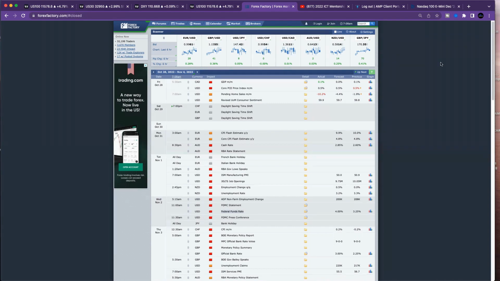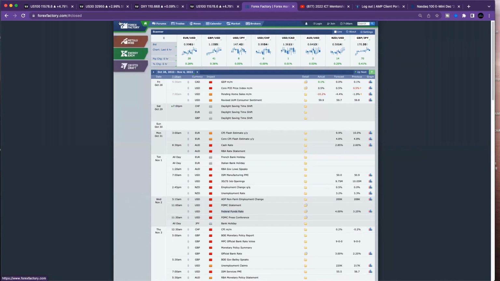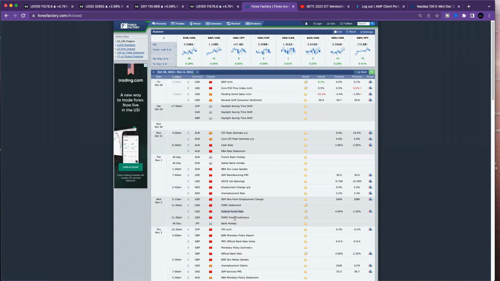But I believe what we discussed today is what's going to come to fruition, based on everything we're going to see. Fundamentally and technically, everything is in alignment with bullish DXY and bearish indexes.